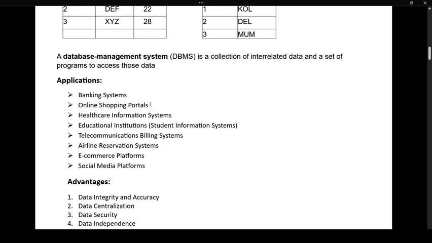For example, I am doing shopping online. Then they need to maintain my personal details as well as transaction details, online payment or cash on delivery, my watch list or liked list, my product orders list, returns list, each and everything. In those cases we use database management system. In healthcare also we use it to maintain the information of patients.